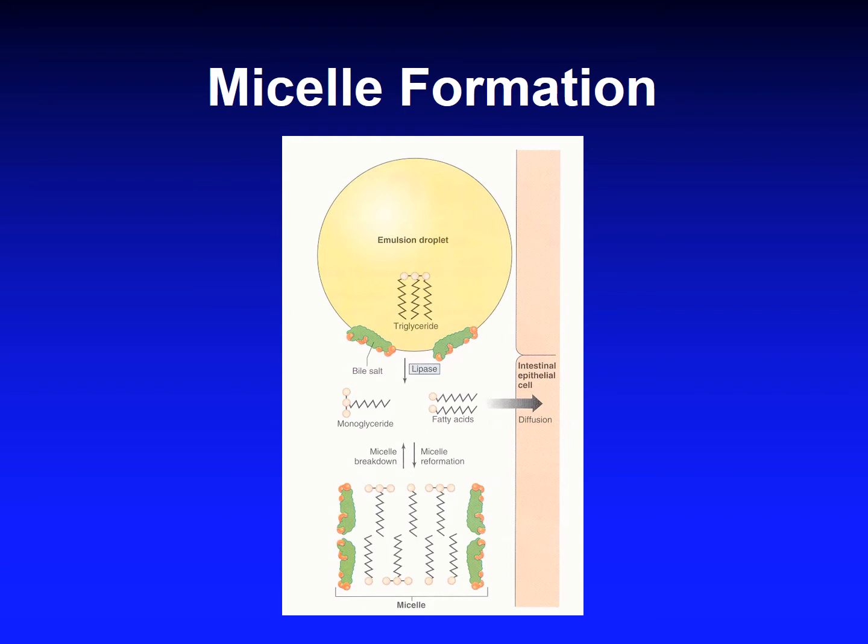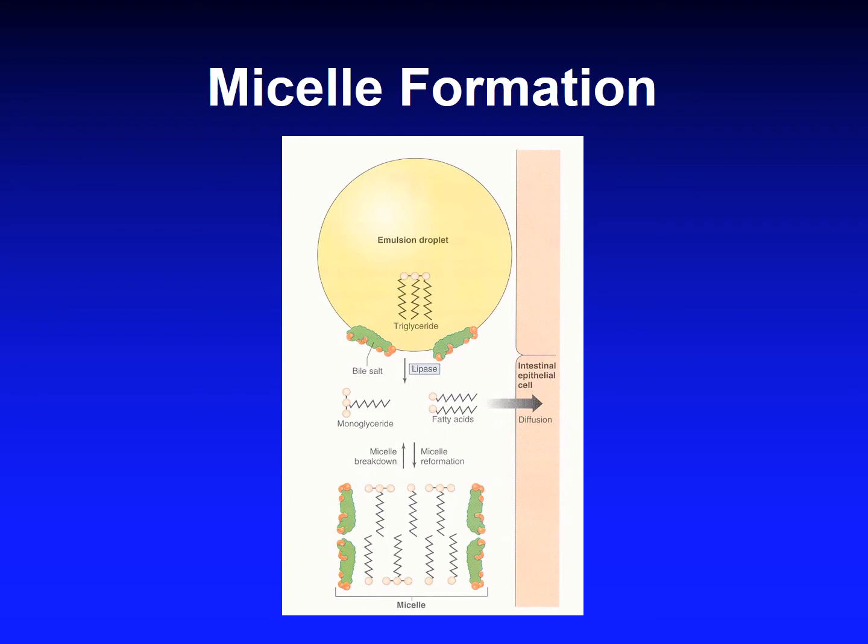That's how it helps these fatty acids get from the lumen of the gut to the inside of the cell, where the shaded arrow is pointing from the lumen toward the inside of the cell. That's how the absorption takes place. And without the bile acid, this process is not going to happen. This process is called micelle formation. So without this process, there's no fat absorption, and without the previous process, there's no fat digestion. So bile acids are very, very crucial in both processes, the digestion of fat and the absorption of fat.